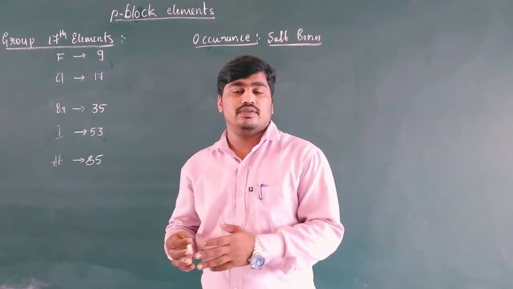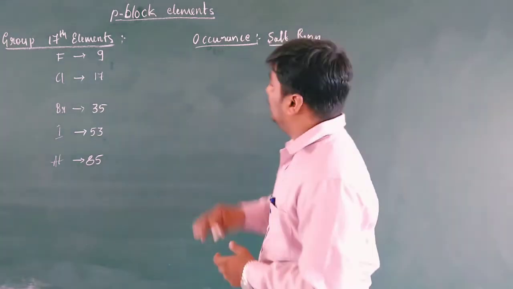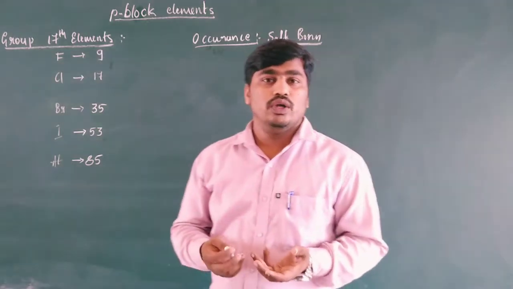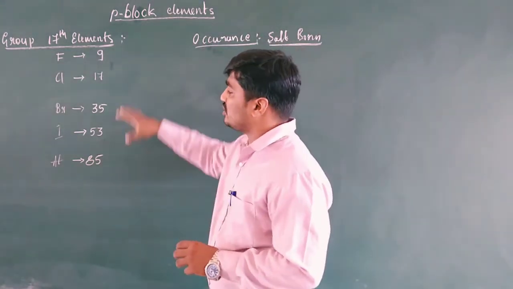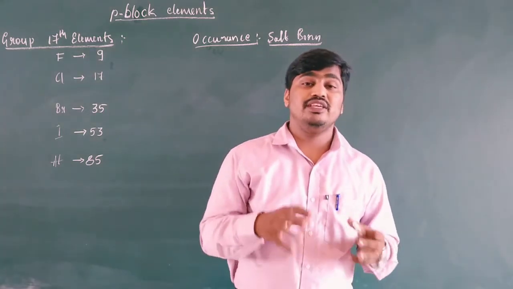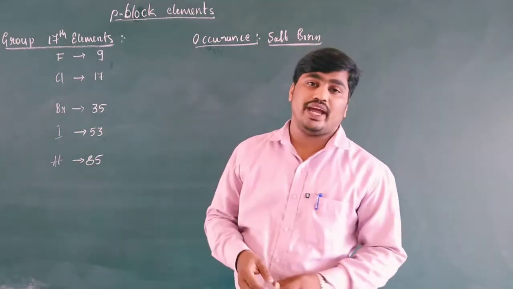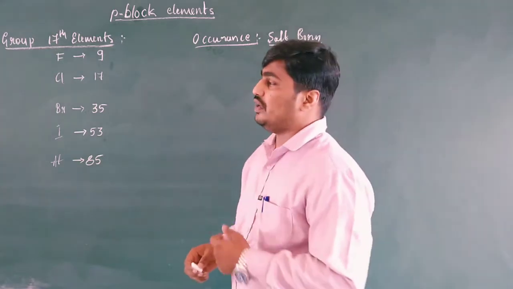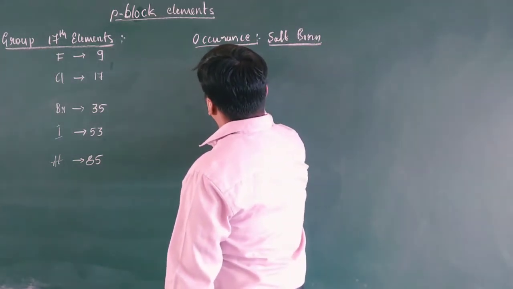These elements mainly occur in the form of salt, and most of the salts are present in seawater, the sea salt. Because of that, the group 17 elements are also called halogens.